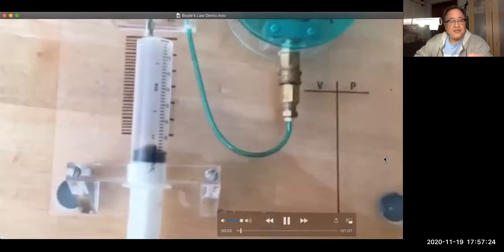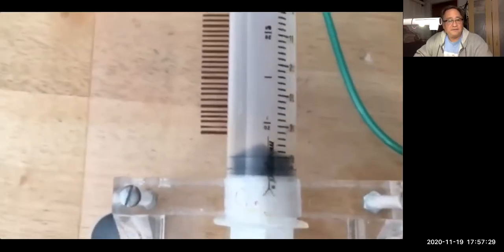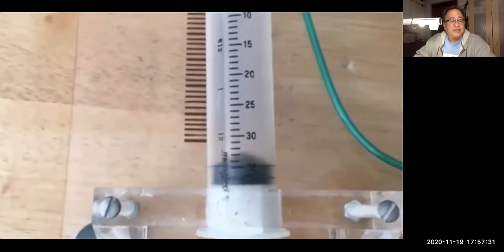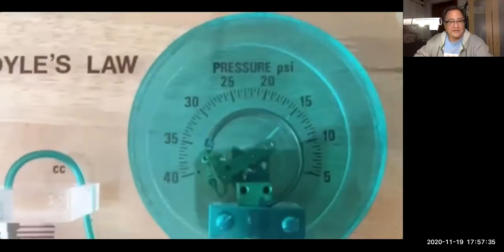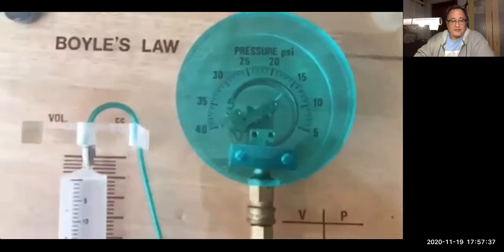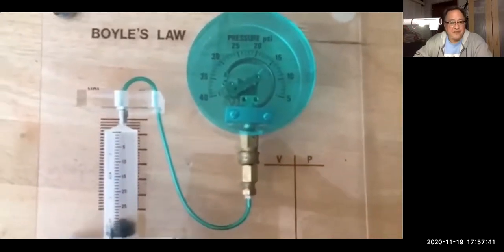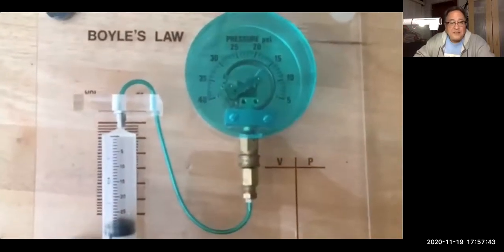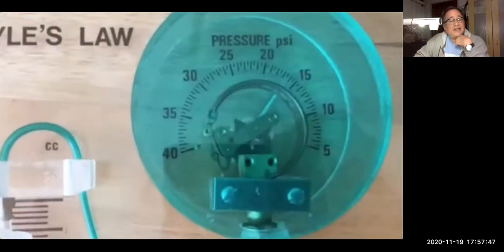Now, as you can see, our initial volume is at 35 milliliters of gas. We're going to ignore the gas in the tube and the gas inside of the pressure gauge. So we're just going to look at what's inside of the syringe. And it starts at 15 psi, and now there it is at 16.5 psi.